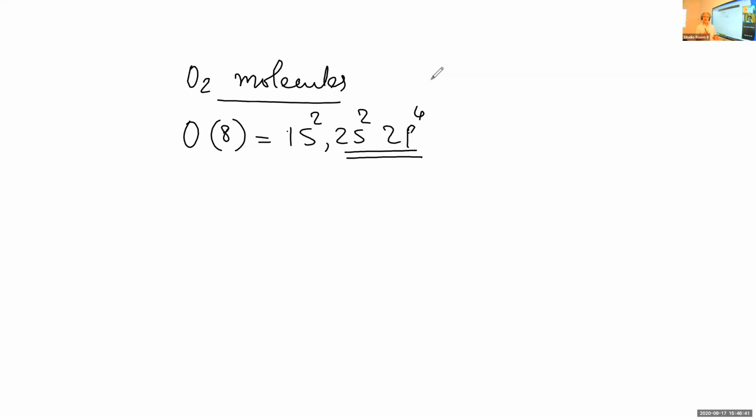So, to complete the octet, oxygen needs 2 more electrons, so it has to form 2 covalent bonds. Then the outermost shell of oxygen will have 8 electrons.